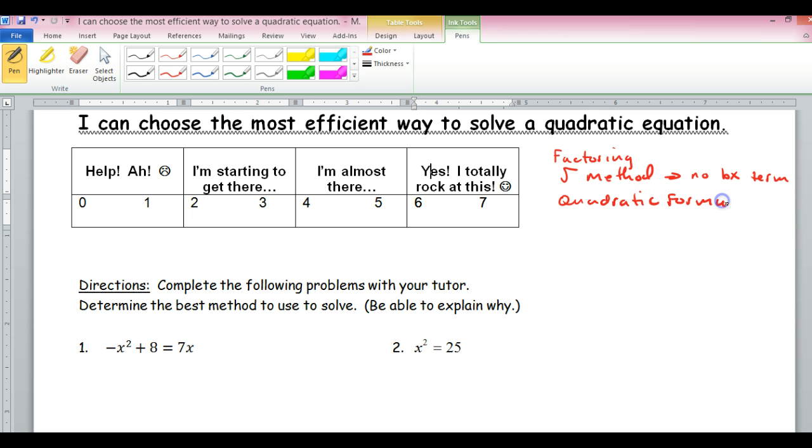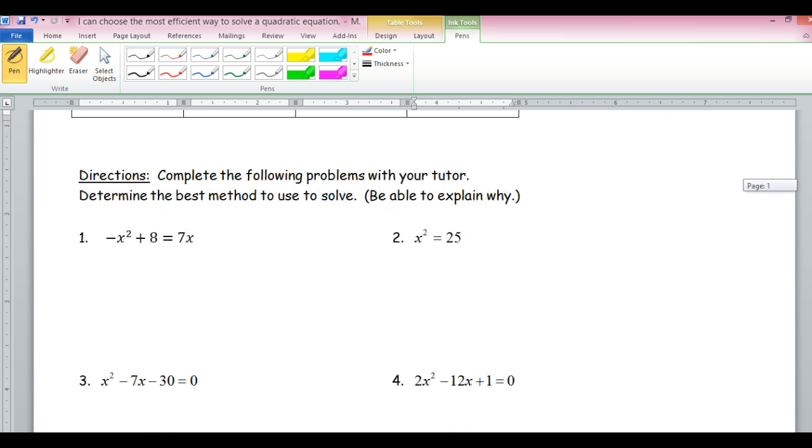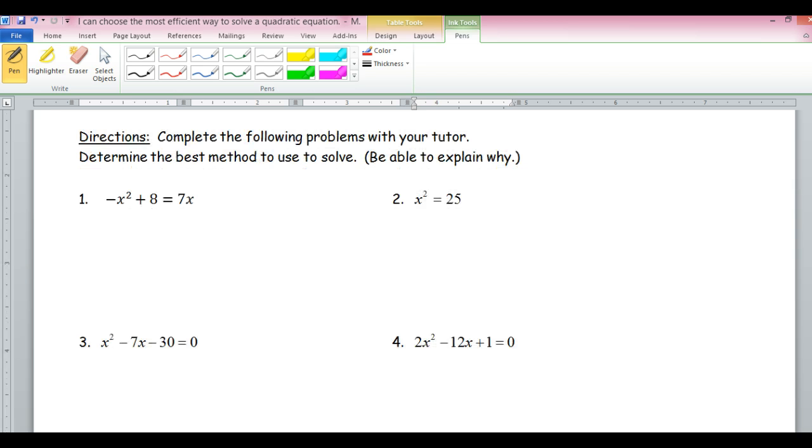Now it seems like everybody likes the quadratic formula because it's one way, just do it this way, not much thinking involved. But it isn't always the most efficient way. So one thing we like to do is be able to look at problems and determine which way is the most efficient way to solve quadratic equations.